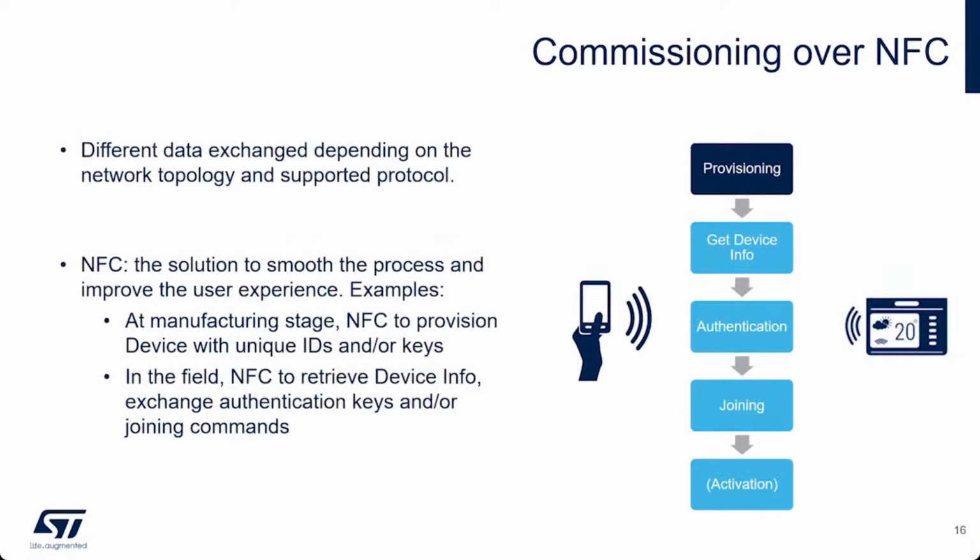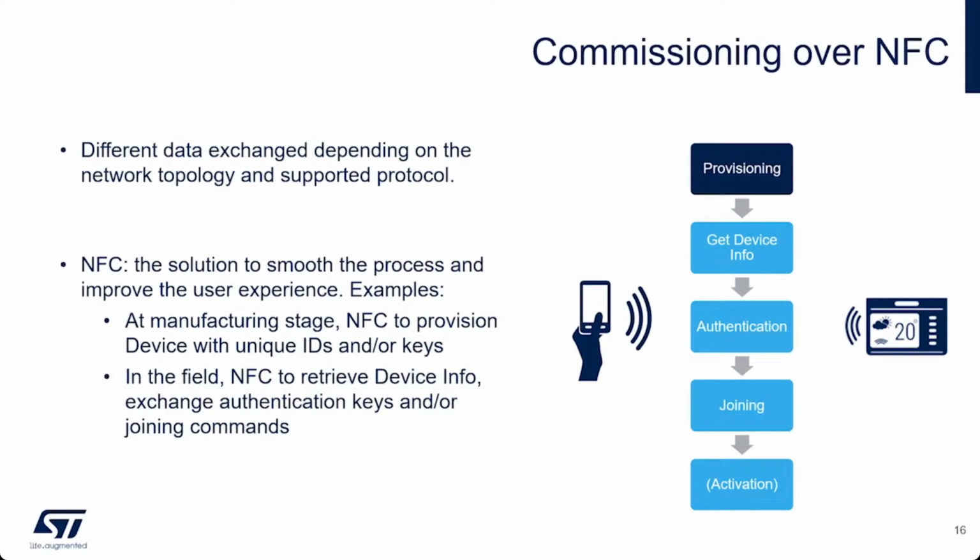While somewhat simplified here, each operation contains many complex steps that are different according to the network topology and the supported protocol. For instance, a LoRa network commissioning utilizes several authentication keys. A Thread network commissioning requires a commissioner, which is typically a smartphone, and Matter commissioning requires a device attestation.